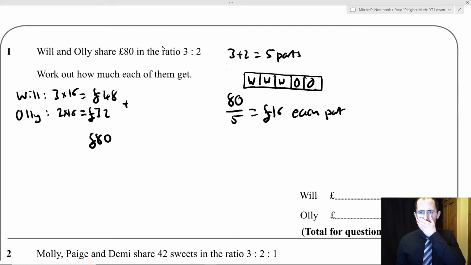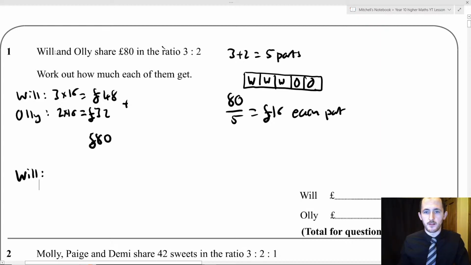Okay? The other way to do that is to just use fractions. To convert a ratio into a fraction, all you need to do is look at the number you're interested in. So if I look at Will, I'm looking at the number 3, and I divide it by both numbers added together, 3 plus 2, which is 5, and then multiply it by 80.